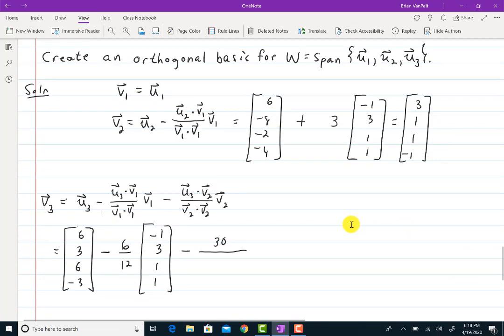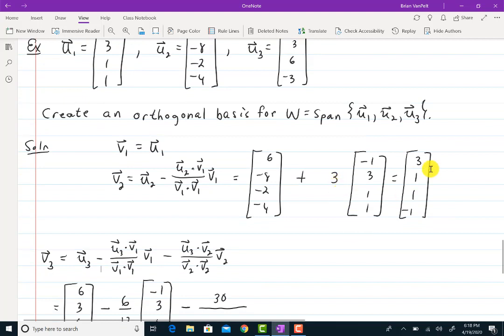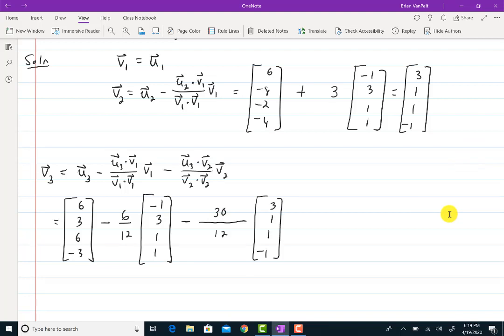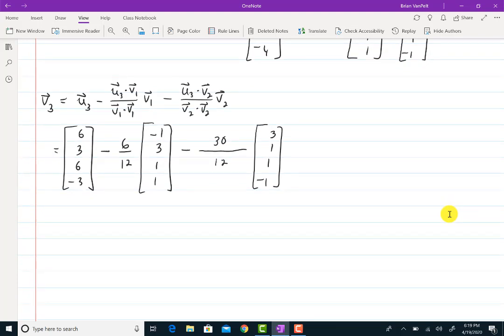Divided by V2 dot V2: 9, 10, 11, 12. And that times V2, which was 3, 1, 1, negative 1. When all is said and done, I'll let you do the check on this one. We get negative 1, negative 1, 3, negative 1.